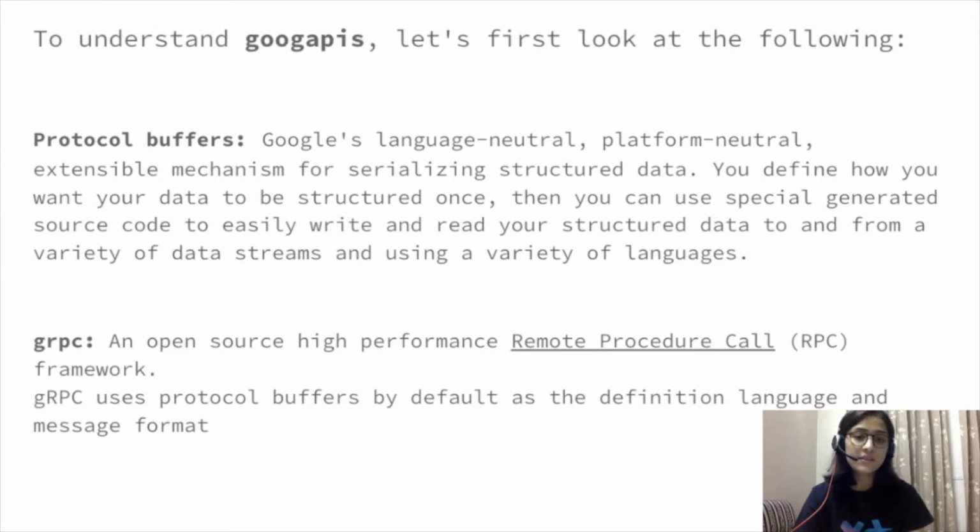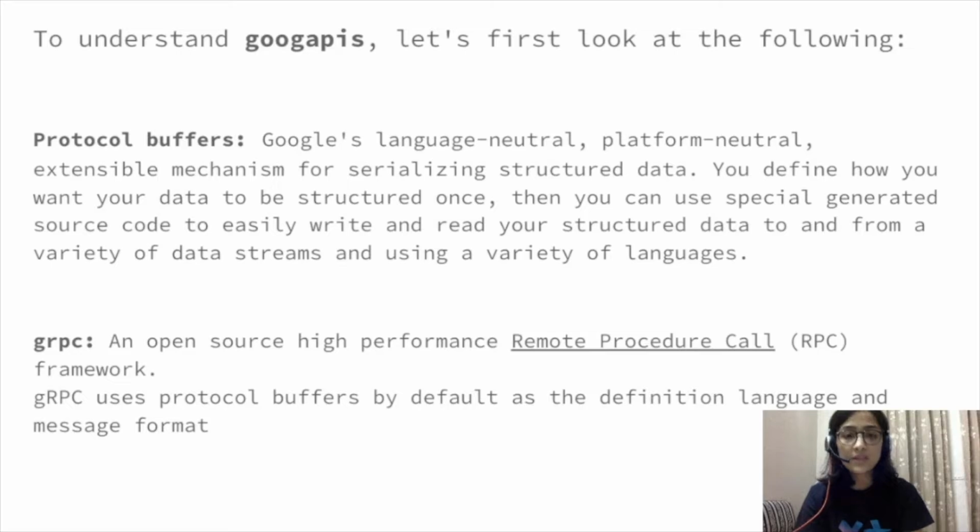So first of which is protocol buffers. Protocol buffers are Google's language and platform neutral mechanism for serializing structured data. You can think of it like XML, but something that's simpler, smaller, and faster. All you need to do is define how you want your data to be structured once.